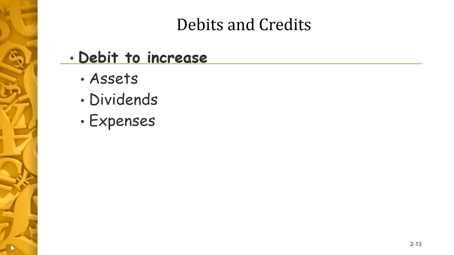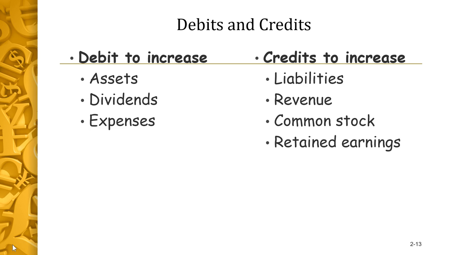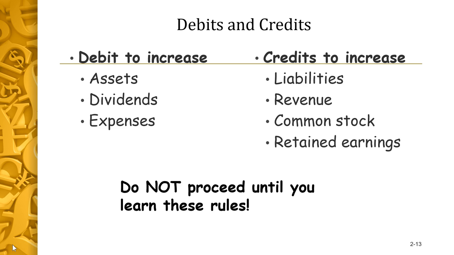And you should just write that down. Credit to increase liabilities, revenue, common stock, and retained earnings. So, do not proceed until you know these rules. You've got to remember that, because that's going to help you with part 2 when we're actually doing journal entries.